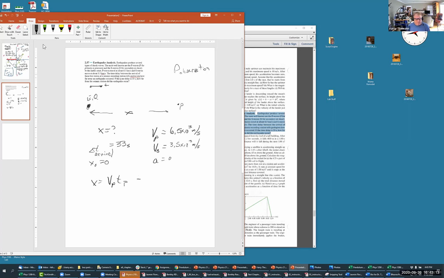And it's also going to be velocity of an S wave times the time of an S wave. And we know the difference between those two times is 33. There's a delta t.